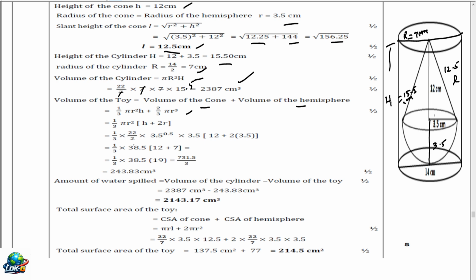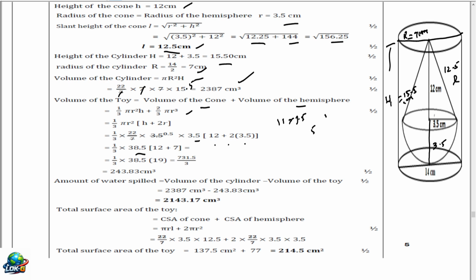Substitute: 1 by 3 pi is 22 by 7, r square is 3.5 into 3.5, your height is 12 and 2 times radius is 7. You can cancel 7 on 3.5 and multiply: 22 by 3 times 3.5, 11 into 3.5 will be 38.5.